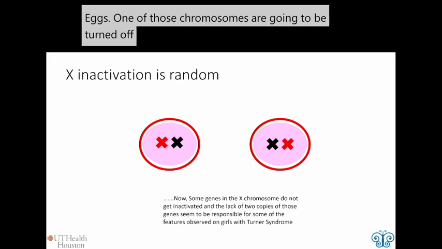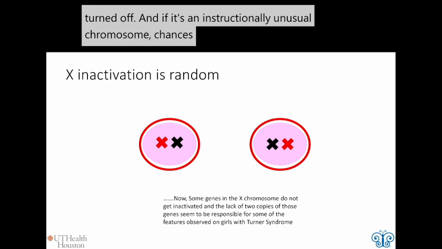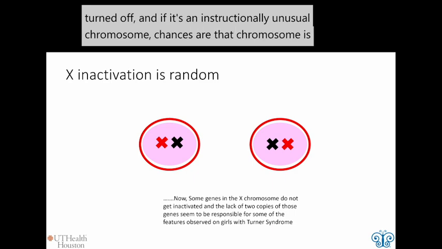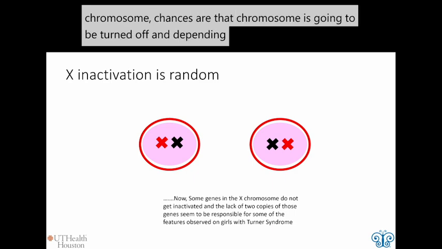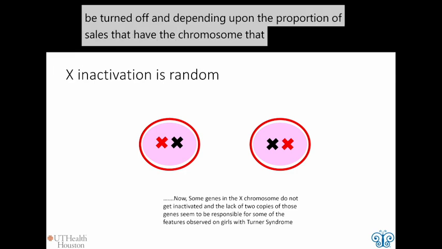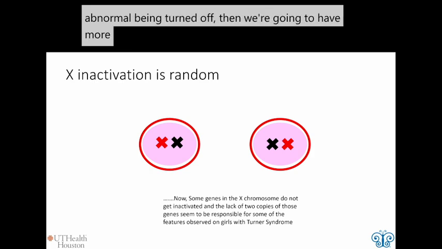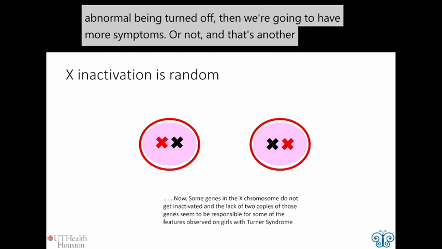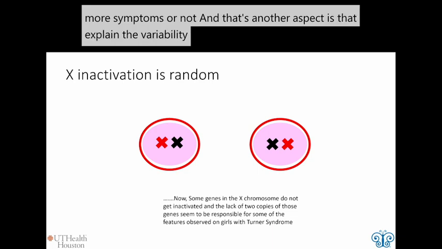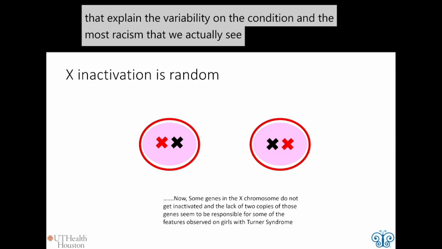And if it's a structurally unusual chromosome, chances are that chromosome is going to be turned off. Depending upon the proportion of cells in which the structurally abnormal chromosome is turned off, we're going to have more symptoms or not. That's another aspect that explains the variability of the condition and the mosaicism that we see in Turner syndrome.